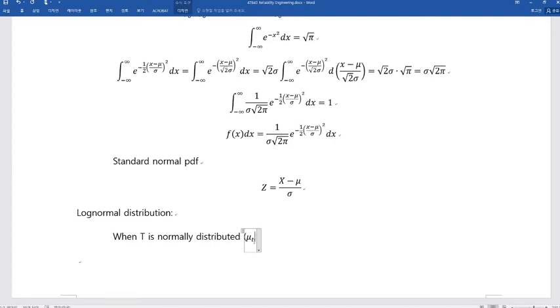So t is normally distributed, its mean value equals mu t, and its standard deviation is sigma t.